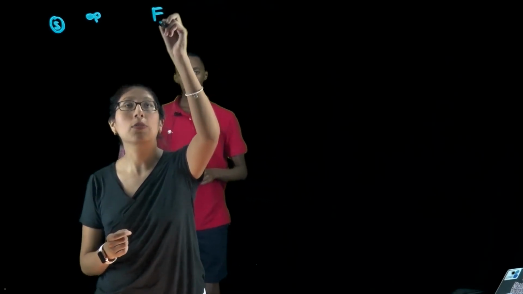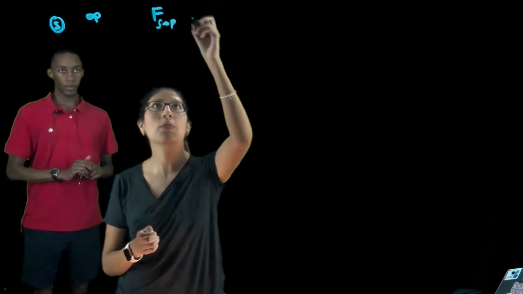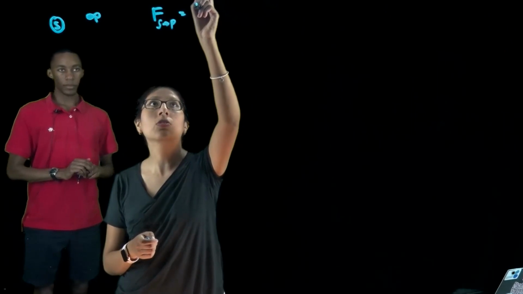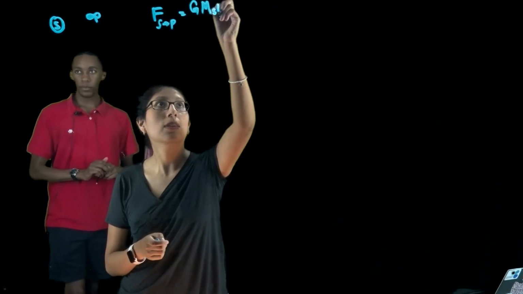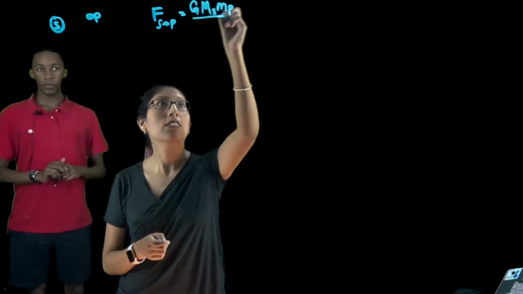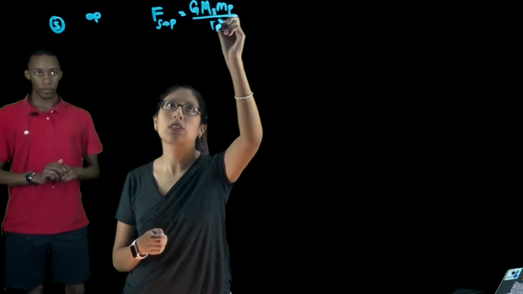So let's write out the gravitational force of the sun on the planet. We know from the previous coding videos that the force of the sun on the planet, which I'm going to write as S on P, is going to equal the gravitational constant times the mass of the sun times the mass of the planet divided by r of the planet squared.